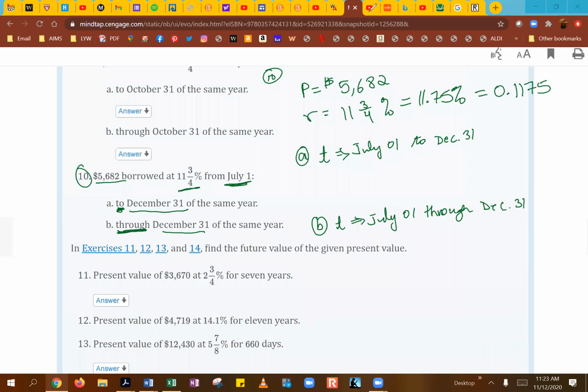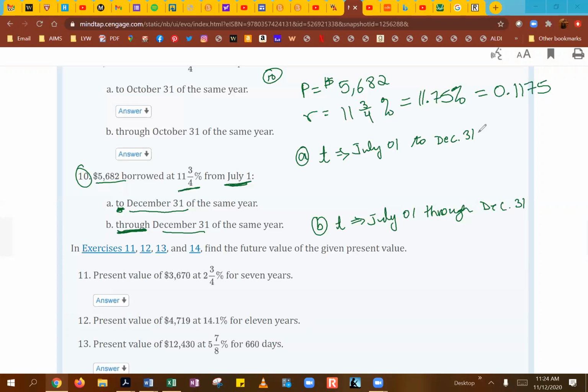That is when we'll be paying that loan back. So you're not counting December 31st in the calculation itself. In part B, when they say July 1st through December 31st, that means you are going through the day of December 31st, so you end up counting December 31st. Let's take a look at the breakdown.